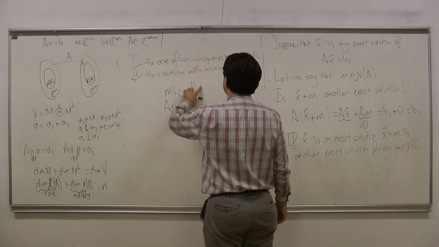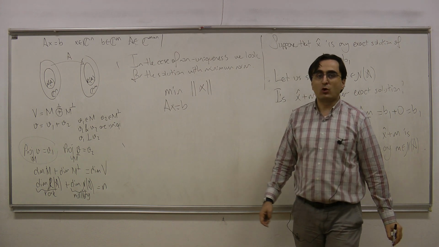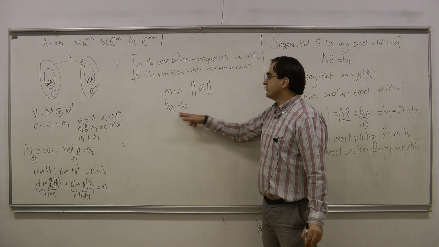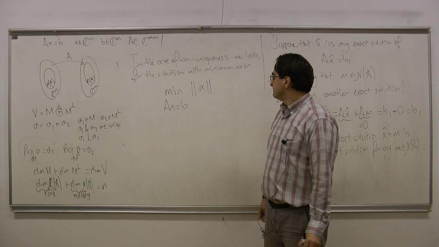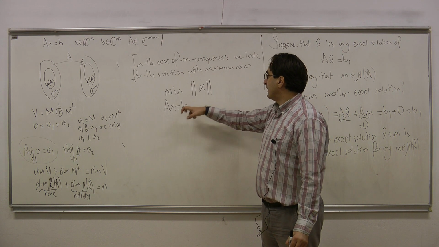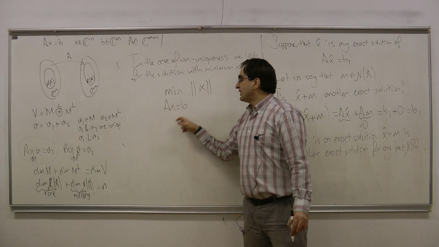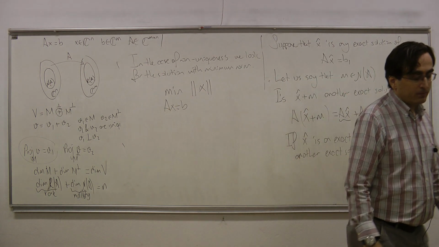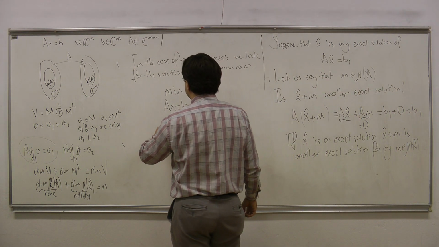And what we try to do is just this. Minimize the norm of x over all such vectors which would satisfy this equation exactly. So this is the minimum value of the cost function.